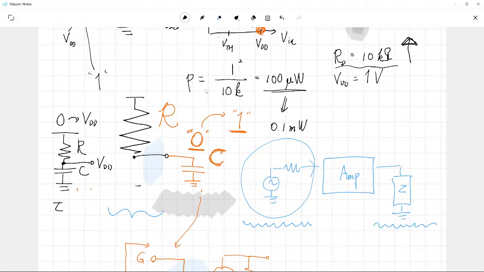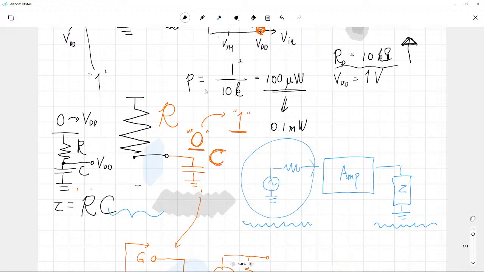What is the time constant related to this RC circuit? The time constant is given by the product of R and C. So after 3 or 4 tau has passed, our output value is quite close to VDD.